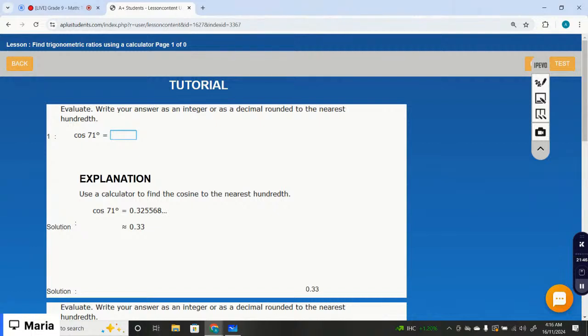So just click on the cos button from the calculator and type 71, right? So cos 71 equals 0.33.